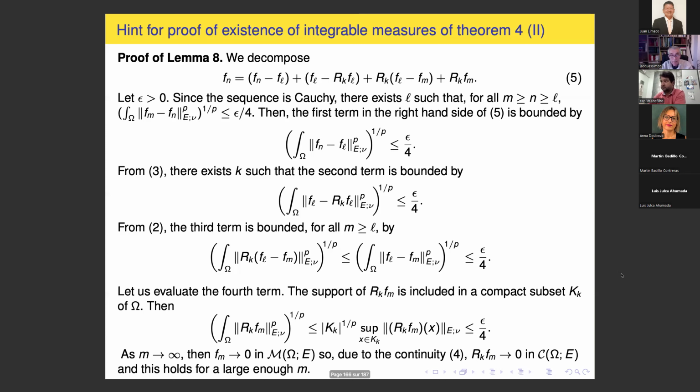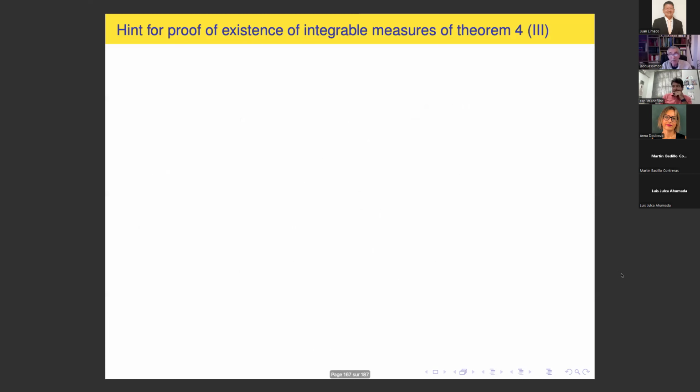But as m goes to infinity, Fm goes to 0 in the set of measures. And so, due to the continuity, this sup goes to 0 uniformly. And so all goes to 0, and we have our lemma.